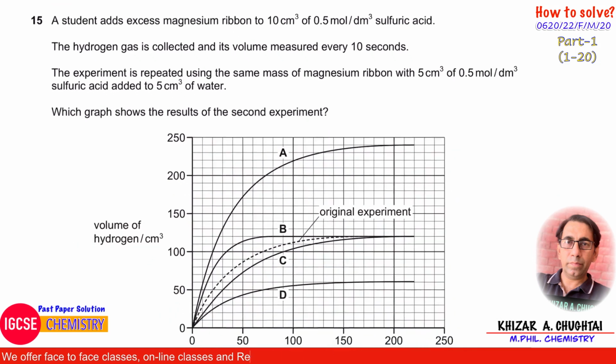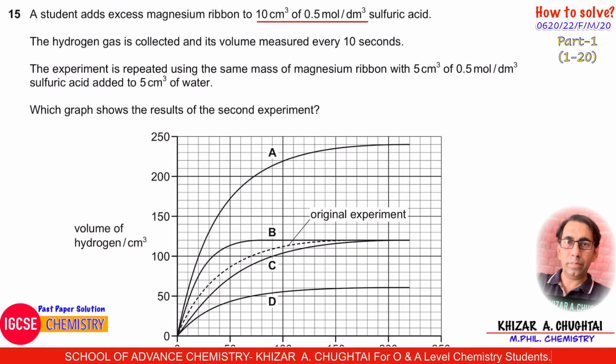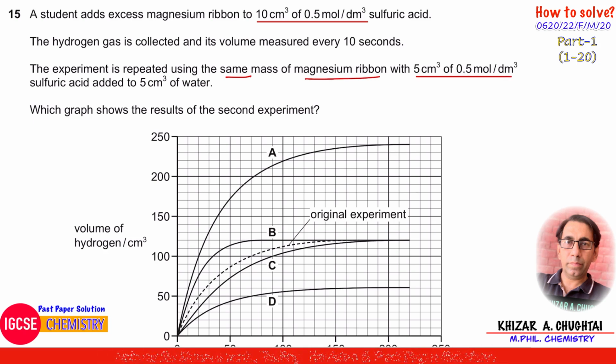Question number 15. A student adds excess magnesium ribbon to 10 cm³ of 0.5 mol/dm³ sulfuric acid. Hydrogen gas is collected and its volume measured every 10 seconds. The experiment is repeated using the same mass of the magnesium ribbon with 5 cm³ of 0.5 mol/dm³ sulfuric acid.